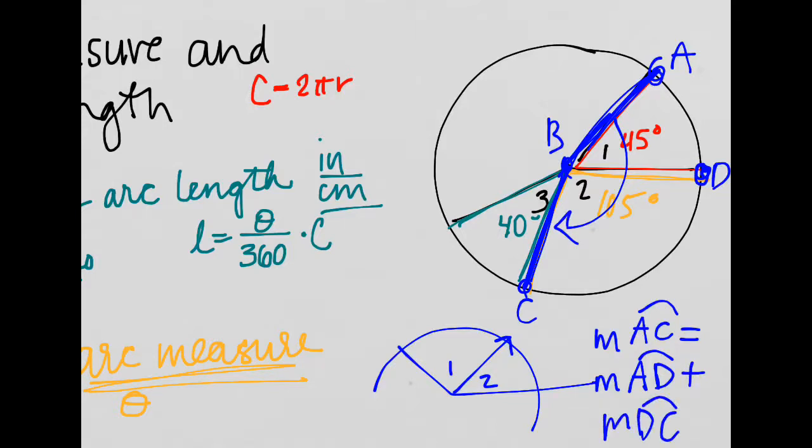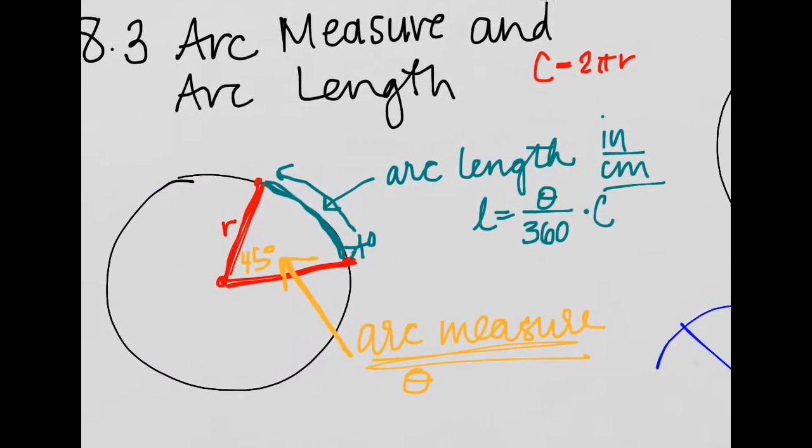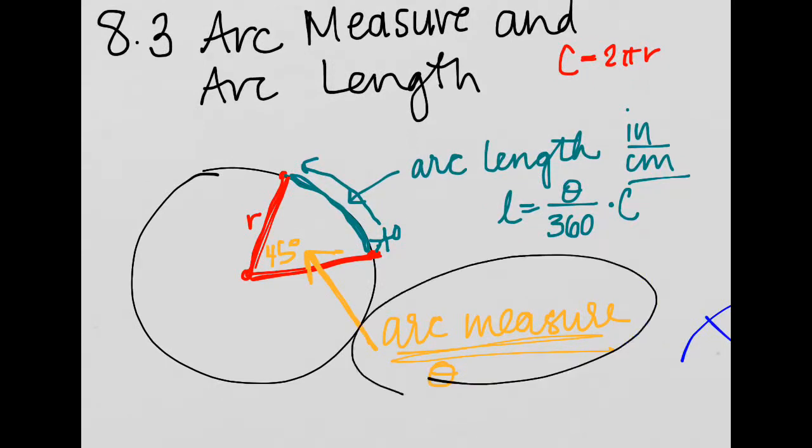If I add this section and this section, I get the whole thing. In this case I get, I drew over that, but it's probably like 150. Does that make sense? We can add those together. So that's how we find arc measures, and we can add and subtract them.